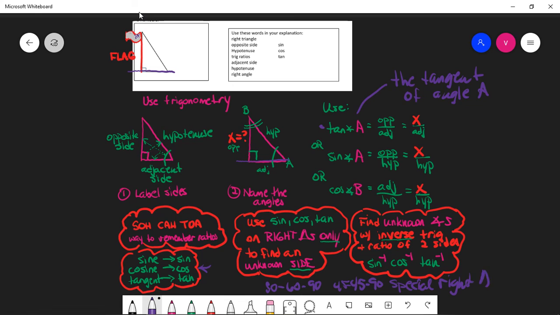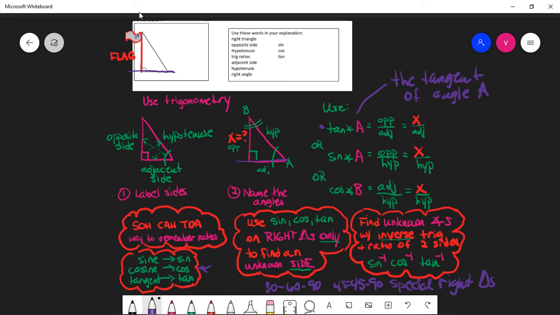Special right triangles, there's another word that you can throw in there. So sine, cosine, and tangent are for right triangles only, and you use that to find an unknown side. If you want to find an unknown angle, you use inverse trig and the ratio of two of the sides. And you write it like this: sine inverse with the negative 1, cosine inverse with the negative 1, tangent inverse with the negative 1.